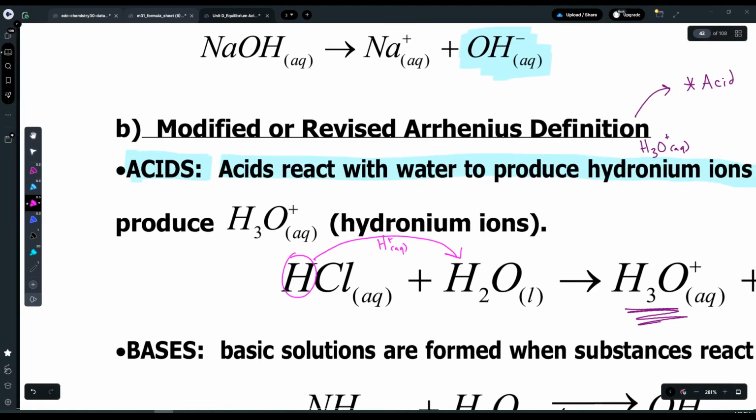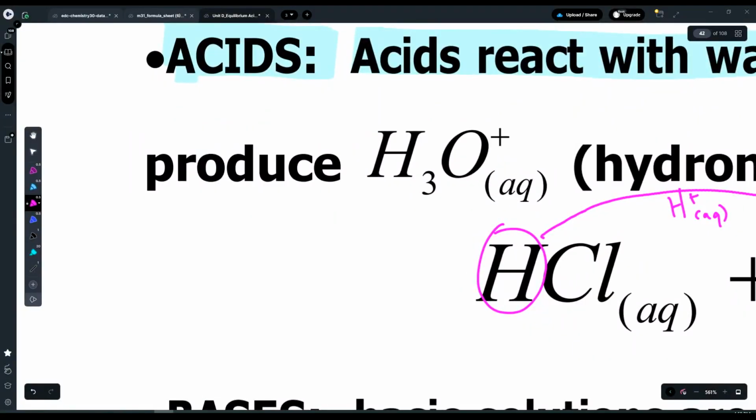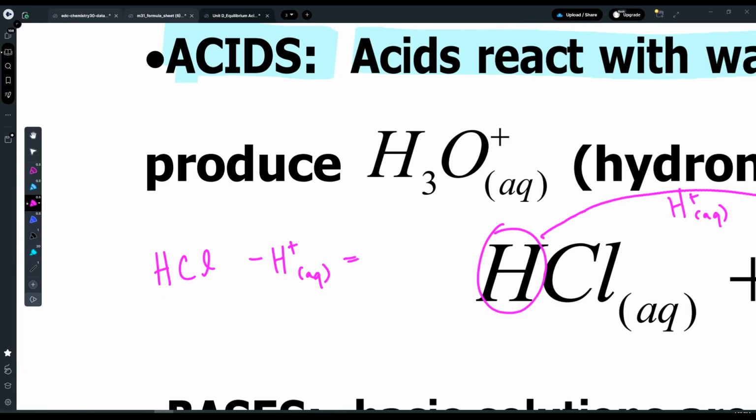If you wanted to write it out, you would go hydrochloric acid, but it lost an H+ ion. So HCl without the H would just be Cl, and now you need to know what would happen to the charge.